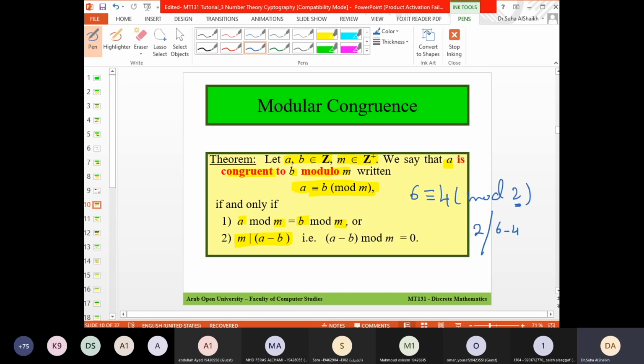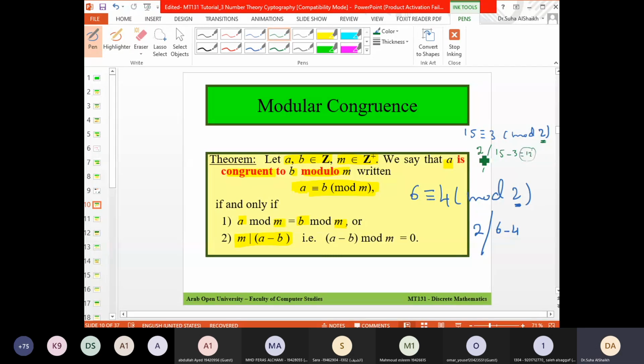One more example. 15 is congruent to 3 mod 2. Is it correct? Yes. Why? Because the 2, the number inside, is dividing 15 minus 3. What's 15 minus 3? It's 12. 2 divides 12? That's true.